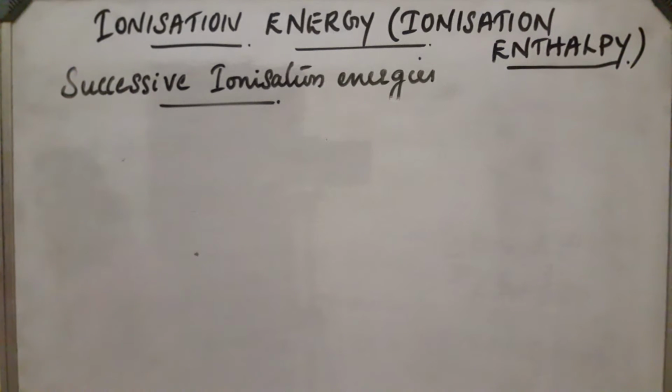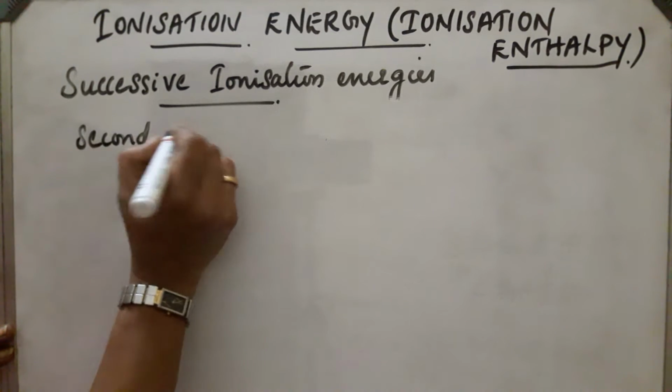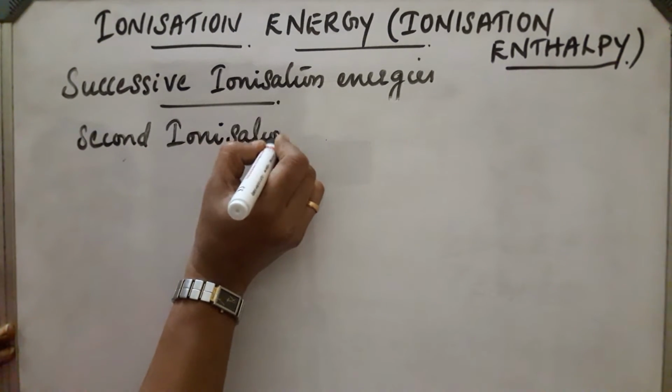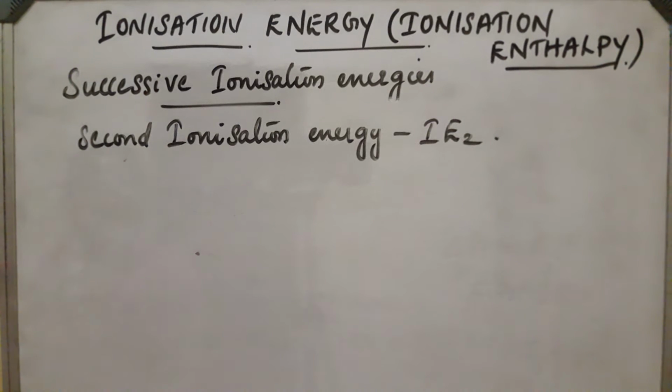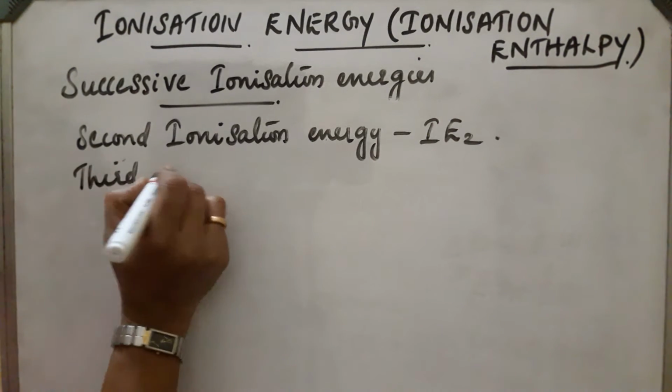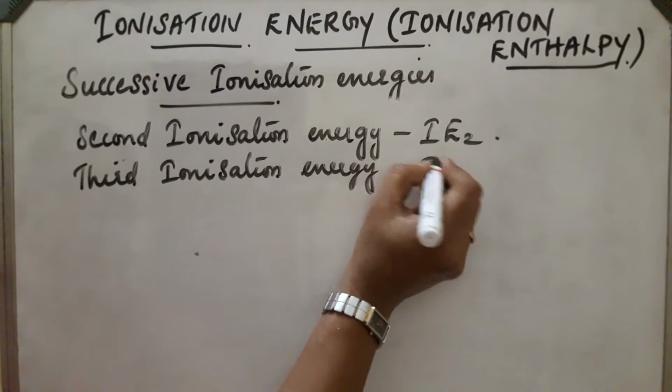Next, successive ionization energy. After the removal of the first electron, it is possible to remove the second electron, and the energy required for this is the second ionization energy, IE2. Then one more electron can be removed from the dipositive ion, and the energy required is the third ionization energy, IE3.